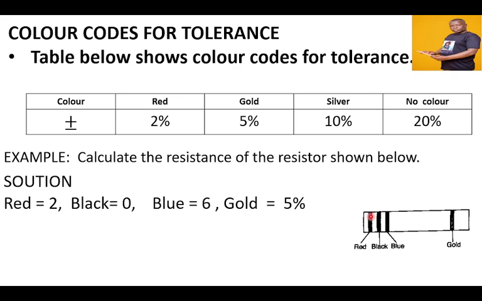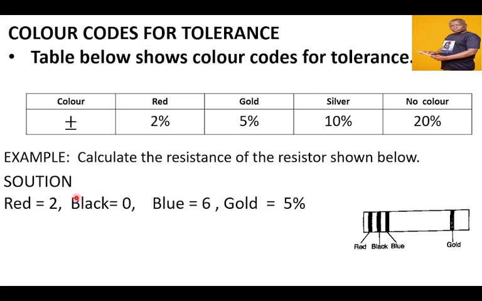And remember that the first and second colors represent the first and second digits respectively, while the third color represents the number of zeros which you have to add at the end of the first and second digits. Then whatever you find, you take a percentage of that. You add or subtract the percentage depending on the color code at the end of the resistor to your right.